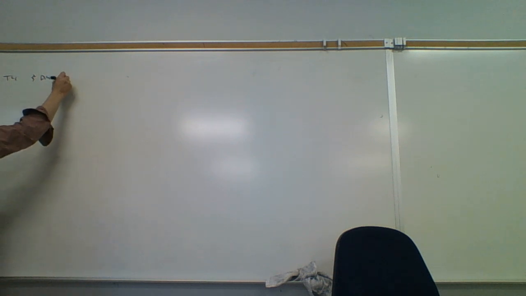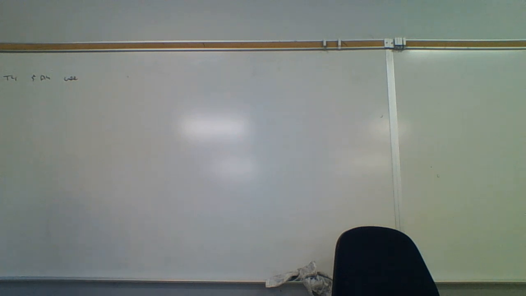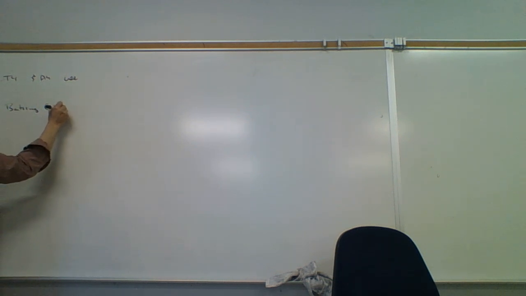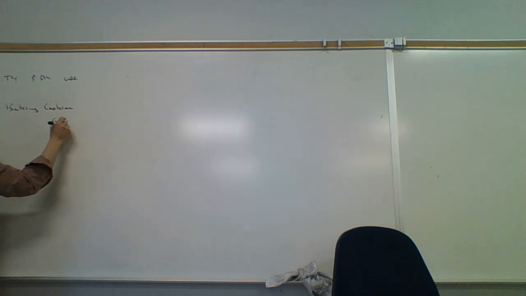Okay, we're going to look at theoretical yield and actual yield calculations. Let's do some simple ones first. Let's say each time you make cookies, you get a 90% yield. Baking cookies, 90% is your typical yield.